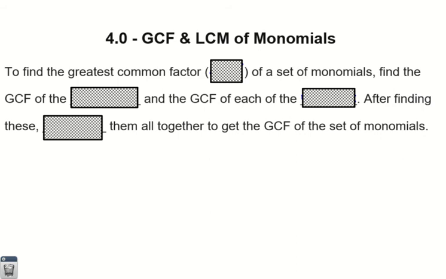But just to compare and contrast, if I had something like 9x squared minus 2x, that is an expression that has two terms, and therefore we would call that a binomial.